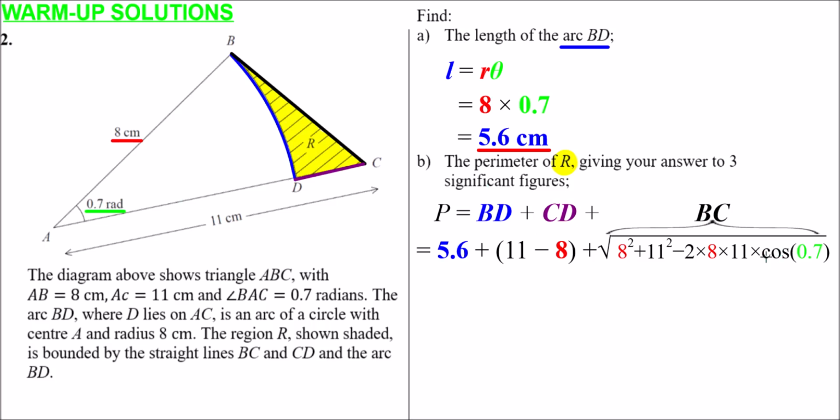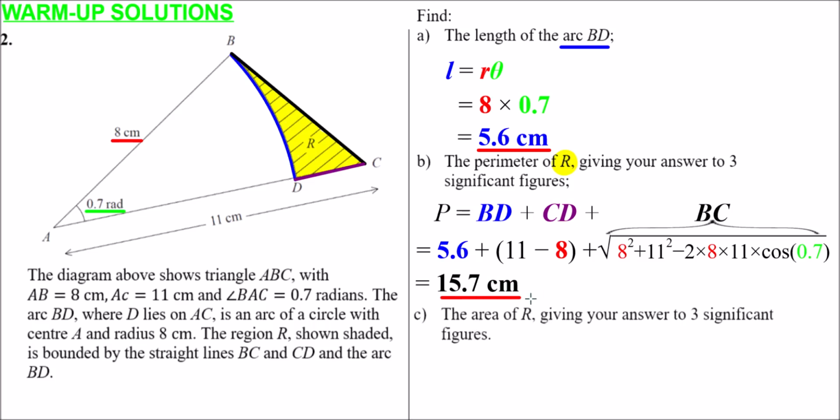This is an application of the cosine rule for finding a length. That's all I'm doing there. This is GCSE, so just get your head around this on your own if you're not sure where this has come from. If you compute this and give the answer to 3 significant figures, you should end up with 15.7 once you've rounded it correctly.